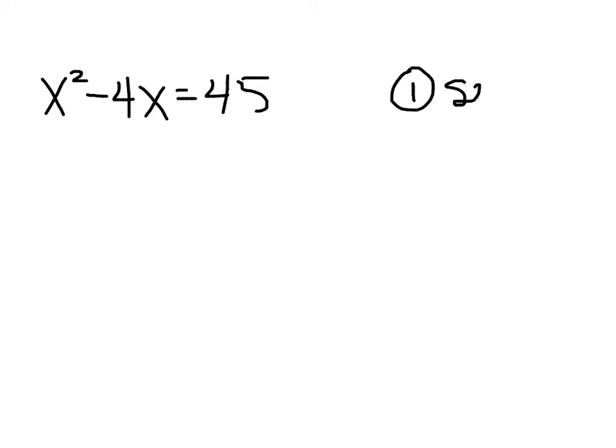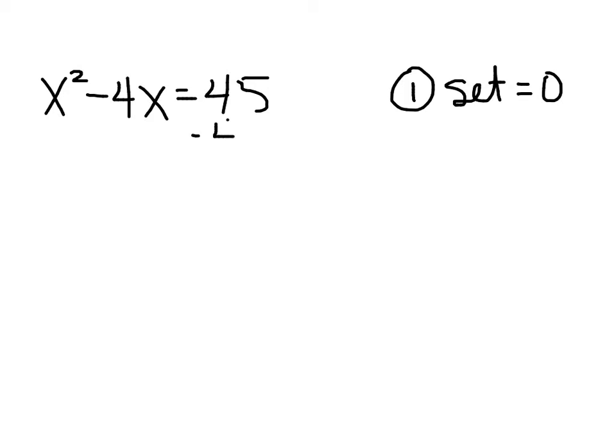So you've got something like x squared minus 4x equals 45. Your first step when you're doing this should be to set the equation equal to 0. Is the equation equal to 0 right now? No. How do I make it?